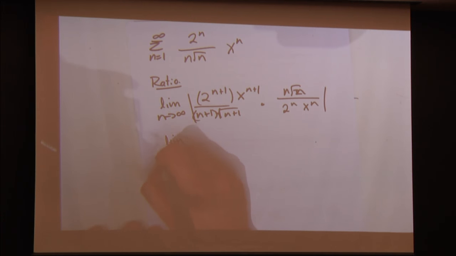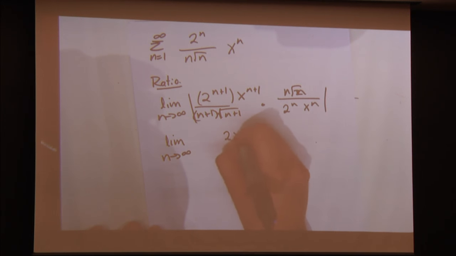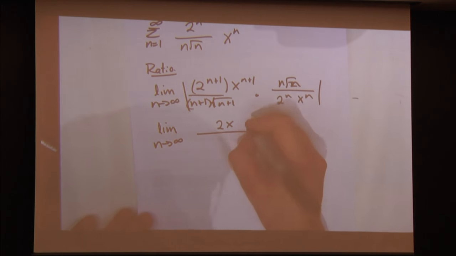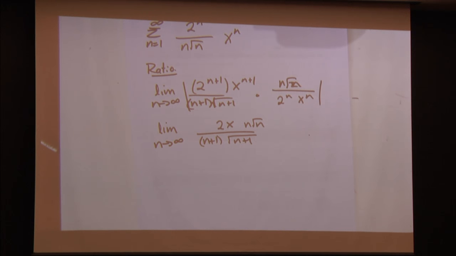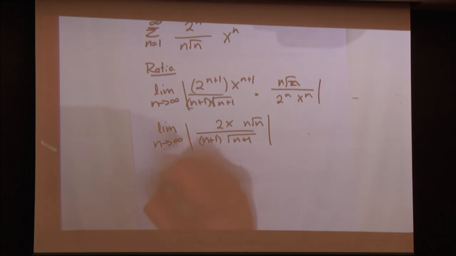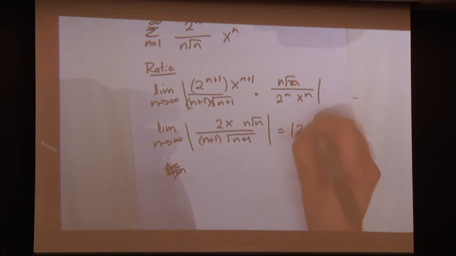Top part's not so bad. Bottom part's kind of scary. If you do L'Hopital's rule, you'll find that the n's all cancel out with each other, and life is good. So you're going to end up with this being equal to 2x.